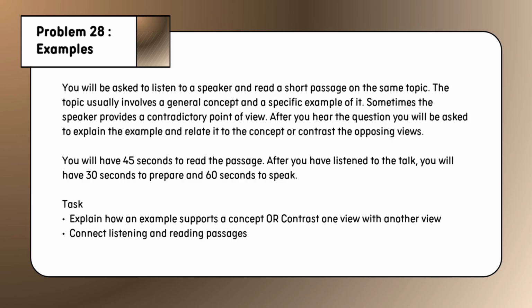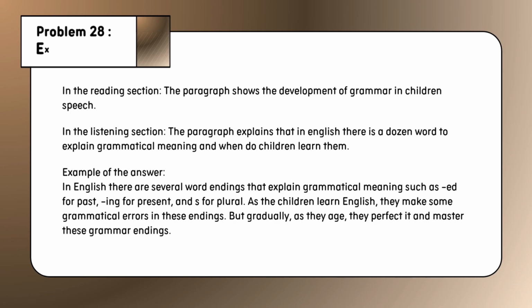The task: explain how an example supports a concept or contrasts one view with another view, and connect listening and reading passages. In the reading section, the paragraph shows the development of grammar in children's speech. In the listening section, the paragraph explains that in English there are a dozen words to explain grammatical meaning and when children learn them.